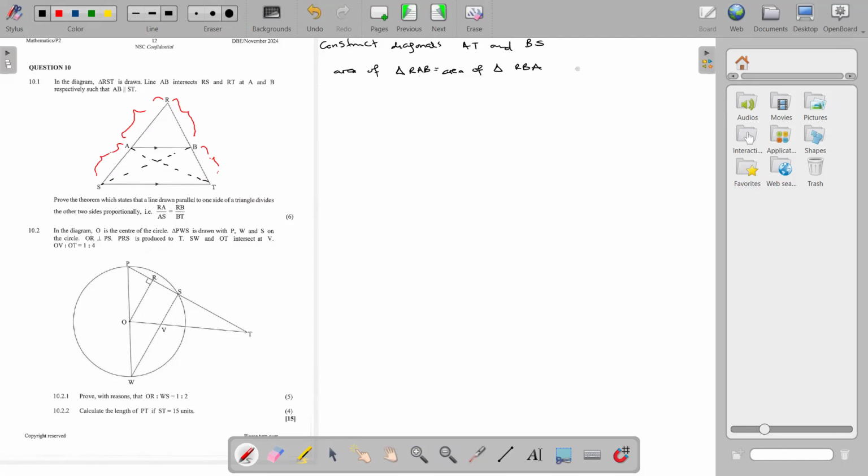What's the reason for that? It's same triangle or common triangle.